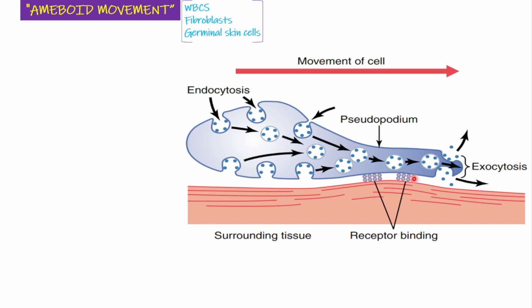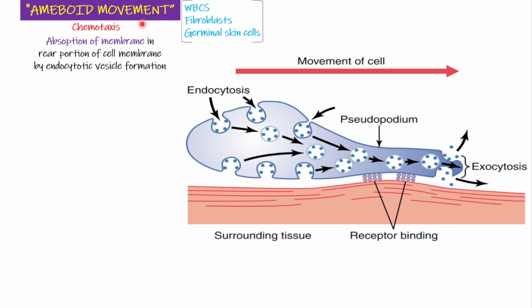And when they are attached, the actin and myosin inside the cell will pull the whole cell towards the direction of the movement.